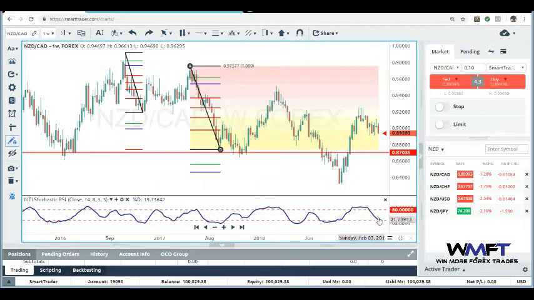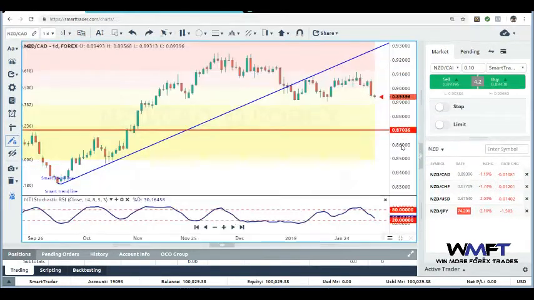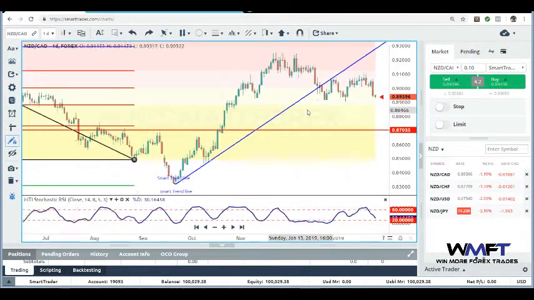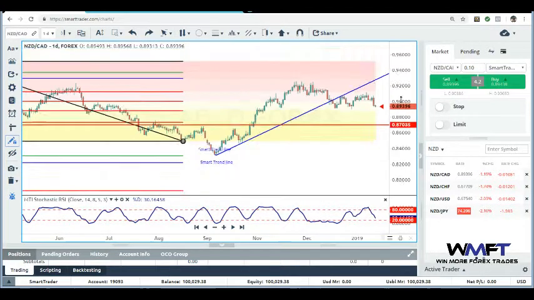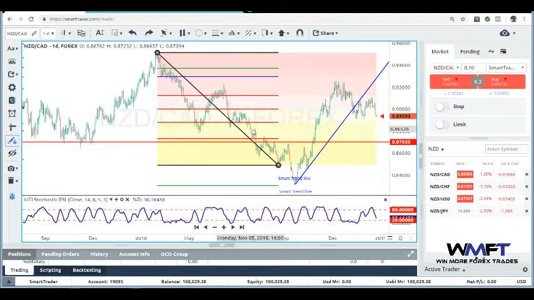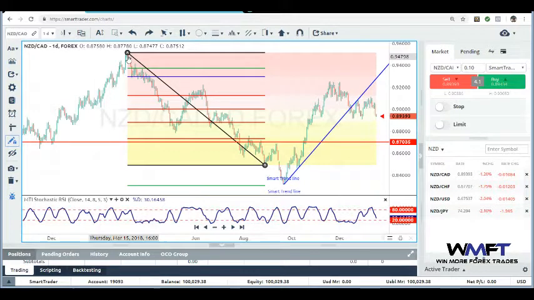Stochastic is still going down in the oversold zone, but we're just using the weekly time frame to get a sense of direction. Now let's go to the daily time frame, and we see if we have a high and low prices on the daily time frame. And you can see here on the daily time frame, the market was going down, had a downtrend.